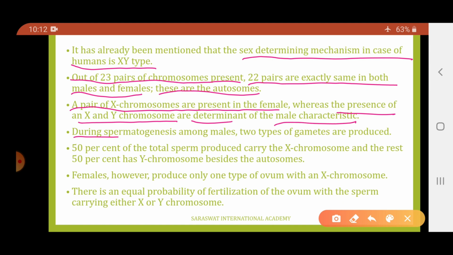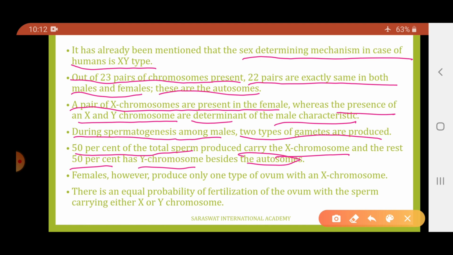During spermatogenesis in males, two types of gametes are produced. 50% of the total sperms produced carry the X chromosome and 50% carry the Y chromosome, besides the autosomes. The females, however, produce only one type of ovum with the X chromosome.